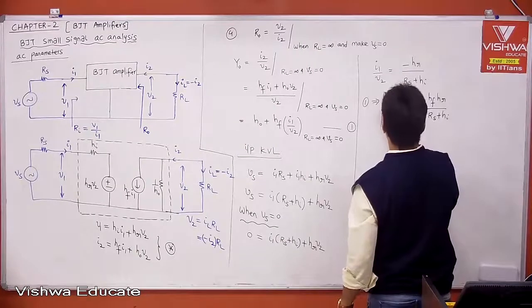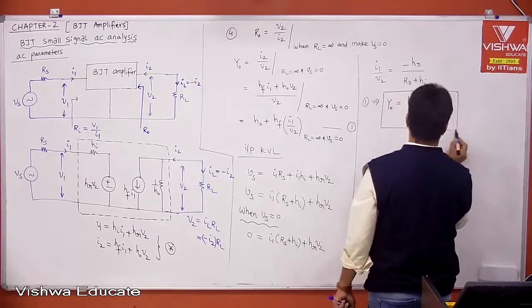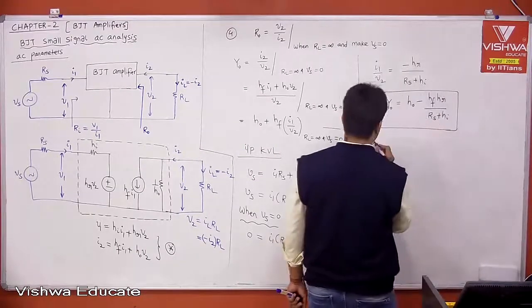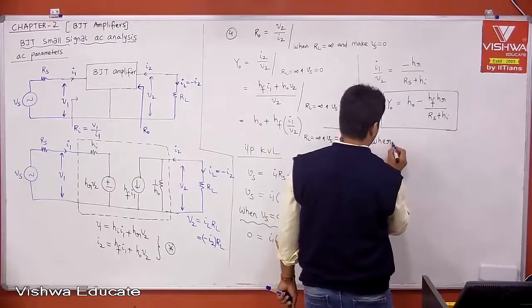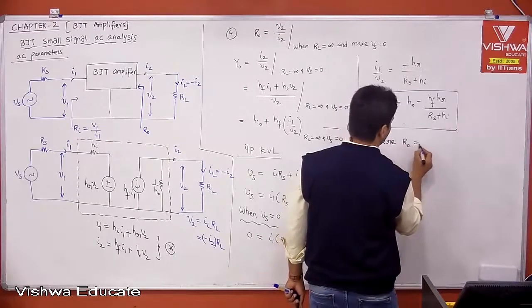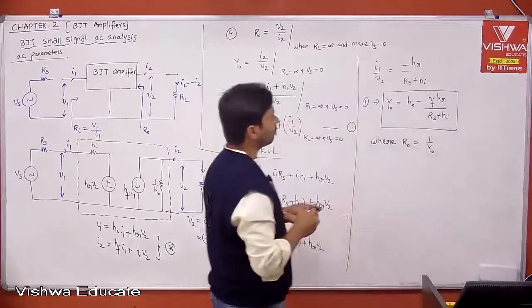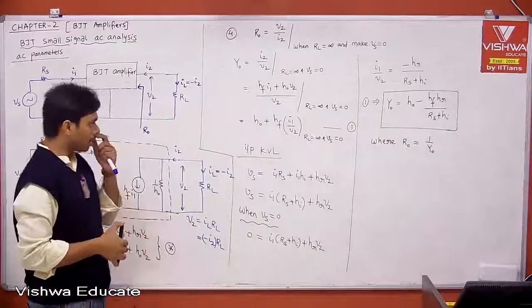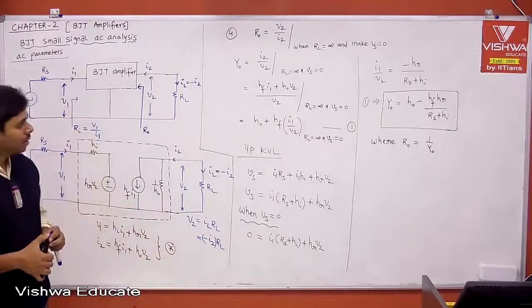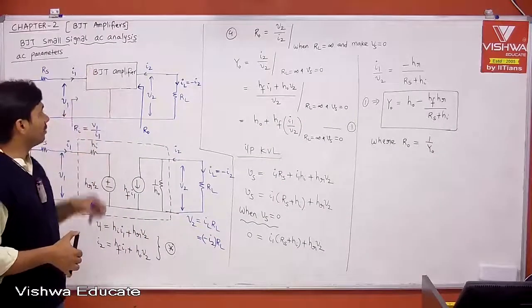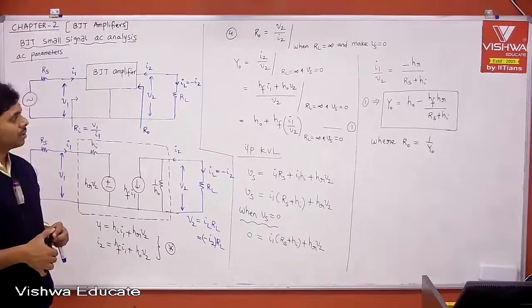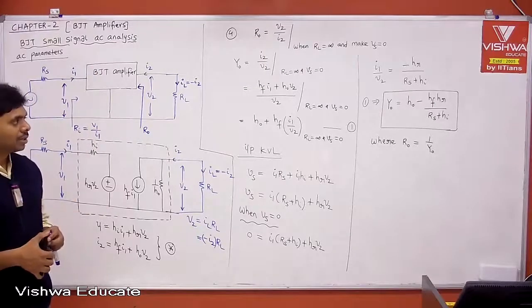This is your Y0, where R0 is nothing but 1 by Y0, reciprocal of your admittance, which is nothing but your output impedance. Therefore, we got all 4 formulae related to your BJT amplifier: input impedance, output impedance, voltage gain, current gain.